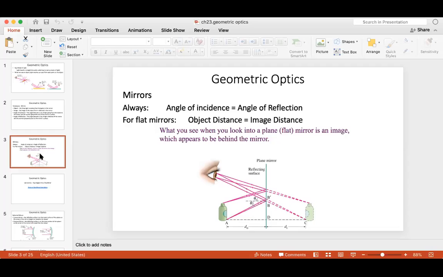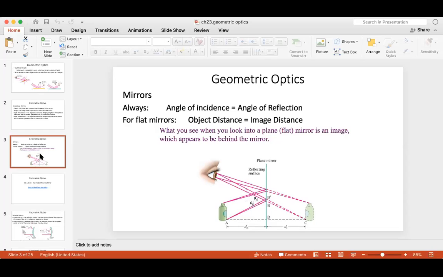So if you have a relatively new car, the passenger side mirror has that little writing in it that says objects are closer than they appear.